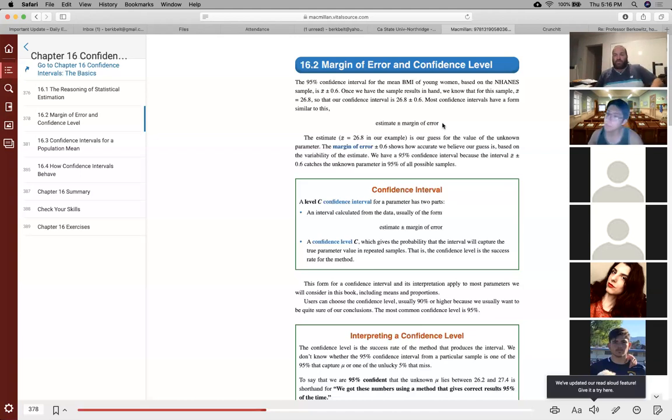I don't know what a physical lowest possible value is or a physical highest possible value is, but for the sake of argument, let's just say it can be anything on the number line. Those are the possibilities. You want to do a study that determines the average BMI. So you do your study and you get 26.8.